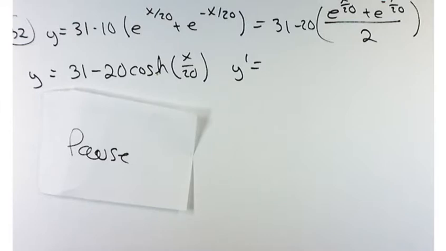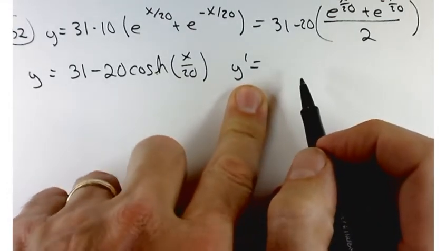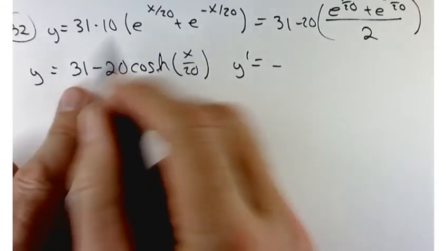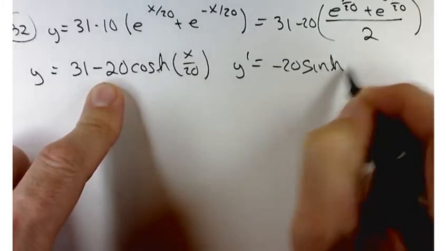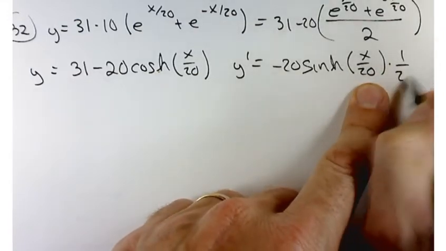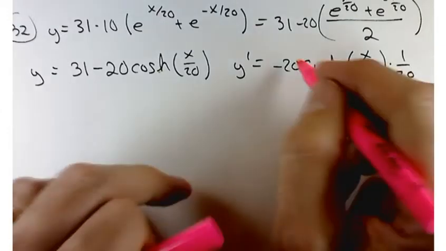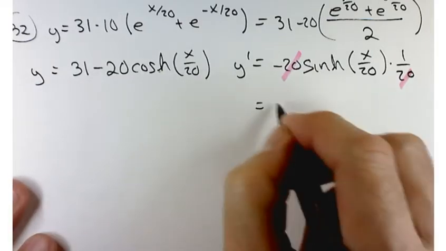Okay. What's the derivative here? Perfect. So derivative of that's going to be 0, negative 20 times sinh of x over 20 times the derivative of the inside, which is 1 over 20. So just as you said, those are going to cancel each other out. And you'll be left with negative sinh of x over 20.